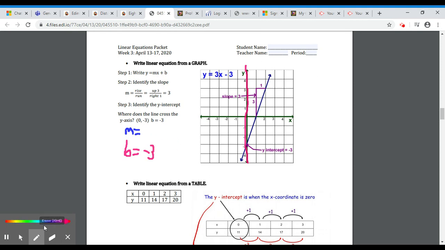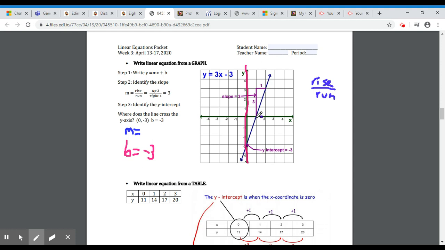Now, the m is going to be my slope. But to find my slope, I'm going to have to do my rise over my run. So I do have to find 2 perfect points. And again, we're piggybacking off of week 2, so we should already know this.